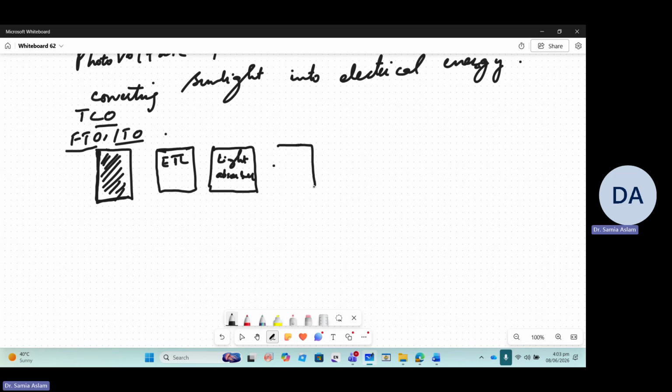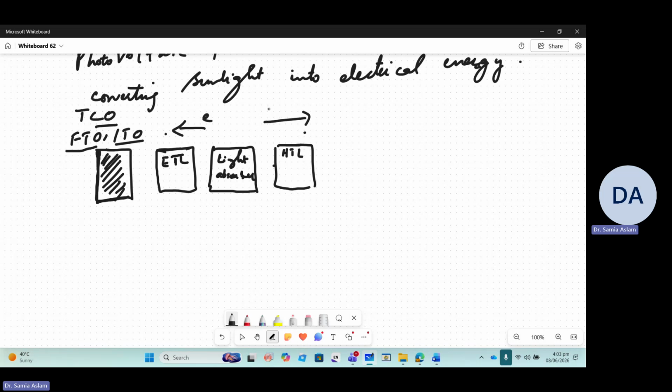On the other side of this light absorber material, we have a hole transport layer, because that is a semiconductor device. When photons are absorbed, they create electron hole pairs, just as in a semiconductor.